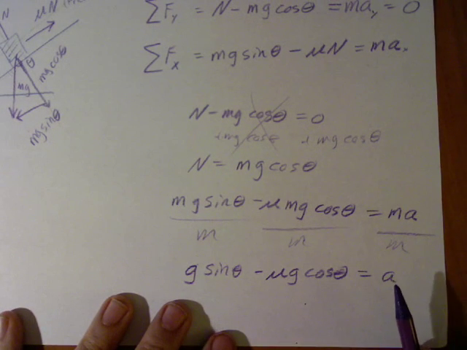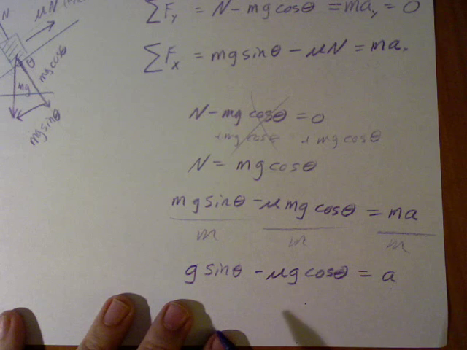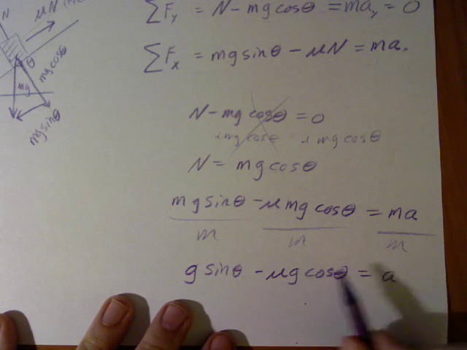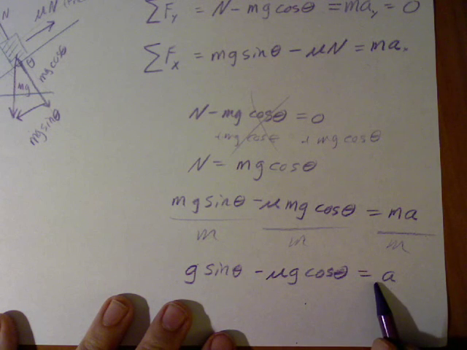What the upshot of that is, blocks don't travel up inclines unless there's some kind of extra force. Friction is not going to be stronger than the force of gravity. So therefore, if this turns out to be a negative number, what that tells us is that friction is enough to hold it in place or to stop it.